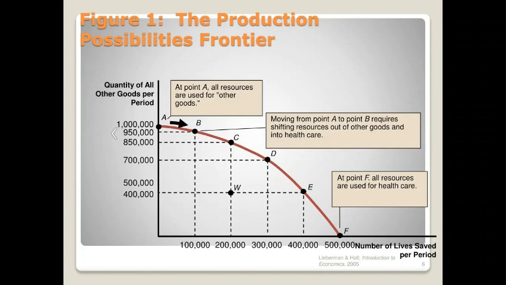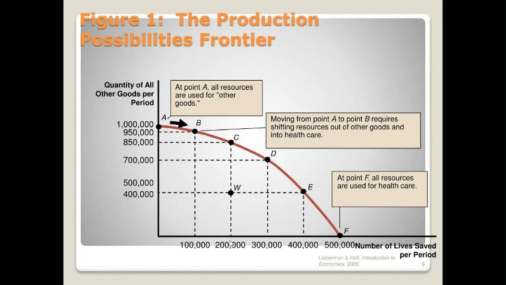That 50,000 is the same incursion that we see within all of these. So to save 2,000 lives per period, we have the incursion of 2,000 here.